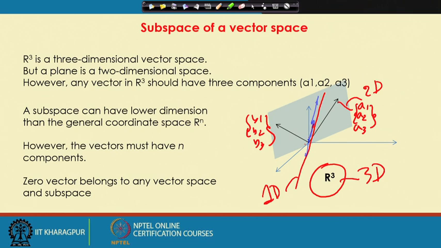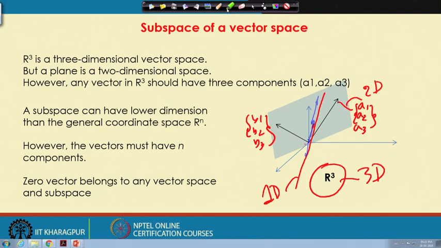And interestingly, if we talk about R3, the 0 vector in R3 has 3 components. This is 0 0 0, 3 components.